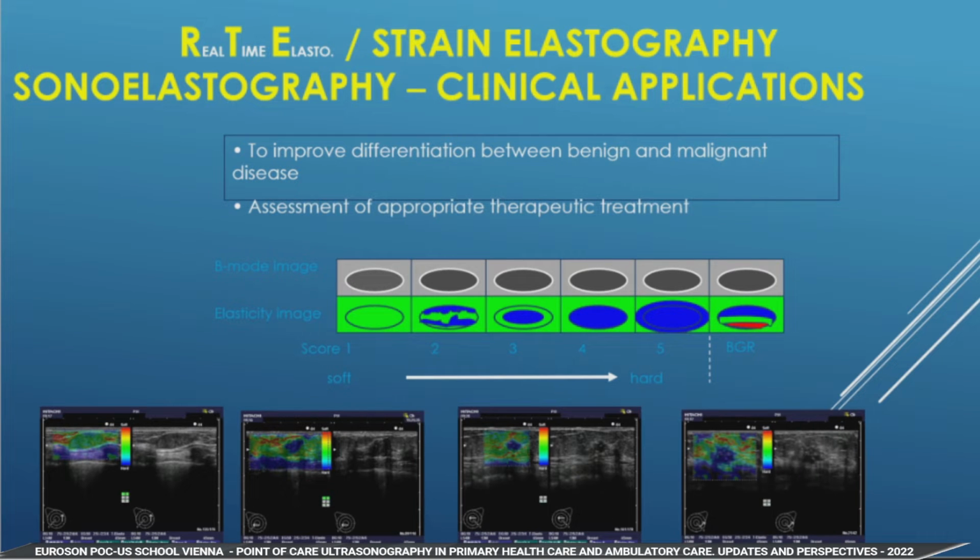And score 5 is an image in elastography larger than in the B-mode and completely blue, with a small light blue crown around the lesion, that you assert as score 5.